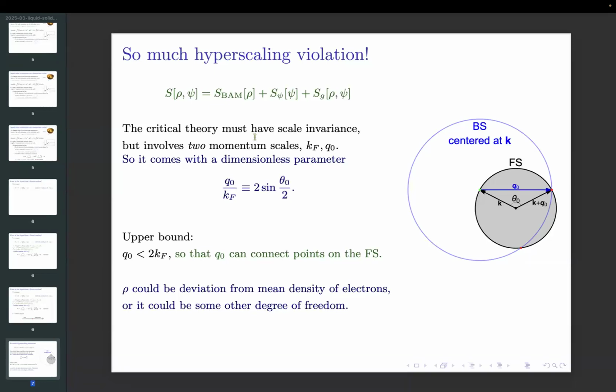Now you can see that there's an upper bound on this ratio in order for this picture to look qualitatively correct. If Q naught is too big, then it doesn't connect points on the Fermi surface at all. If this blue circle is so big that, when centered at this point, it doesn't touch any other points, then the story is very boring.